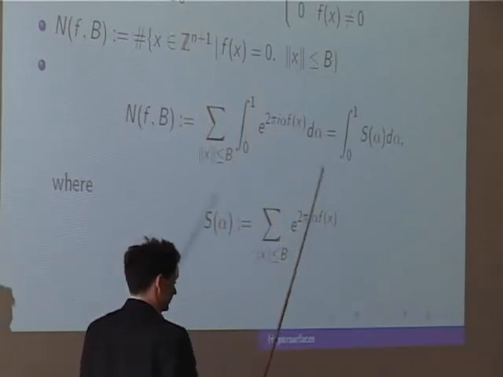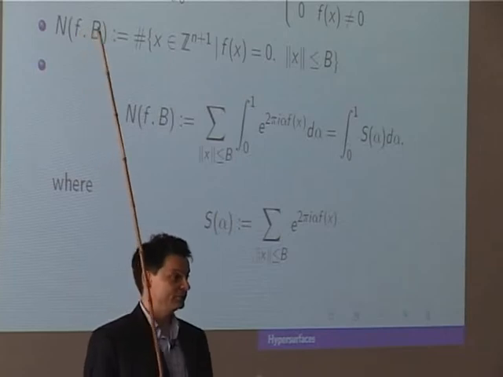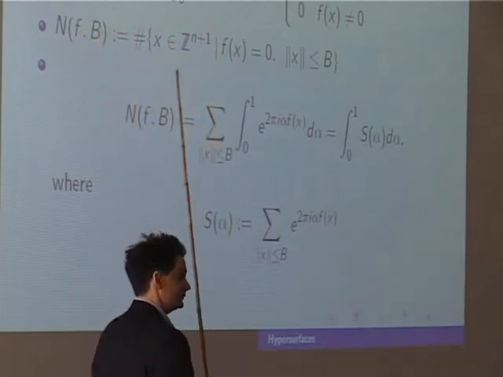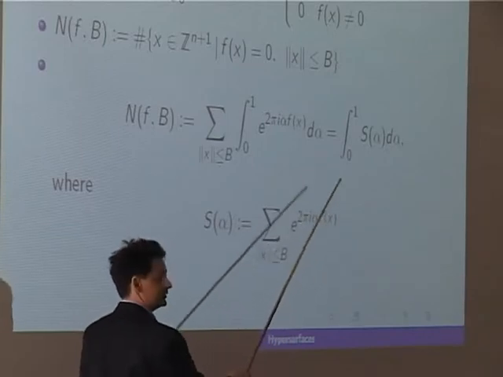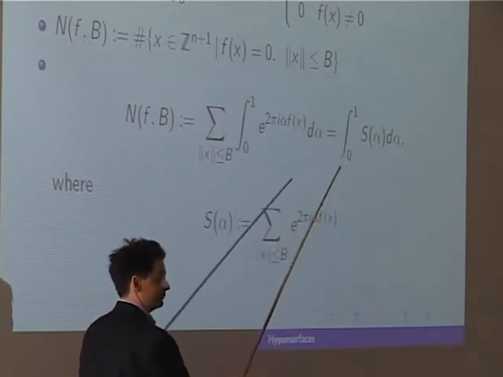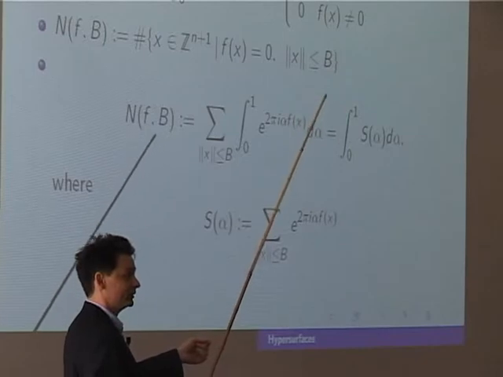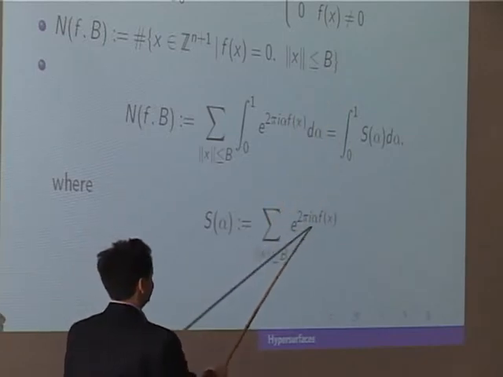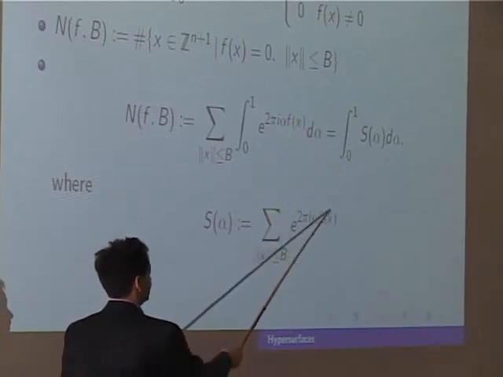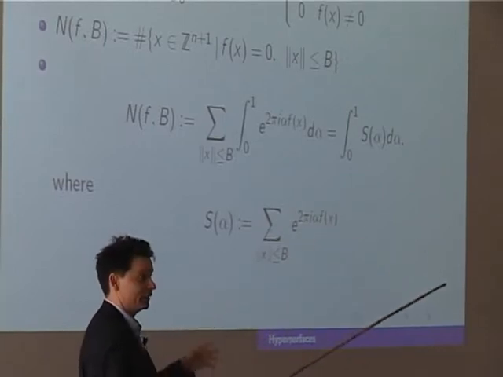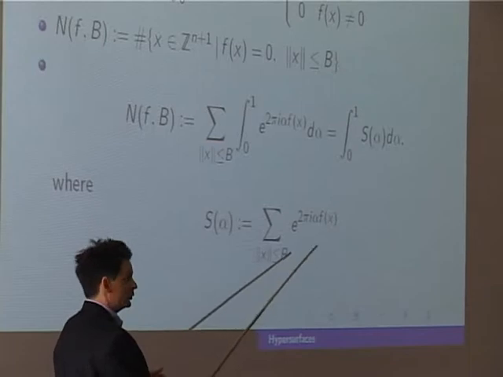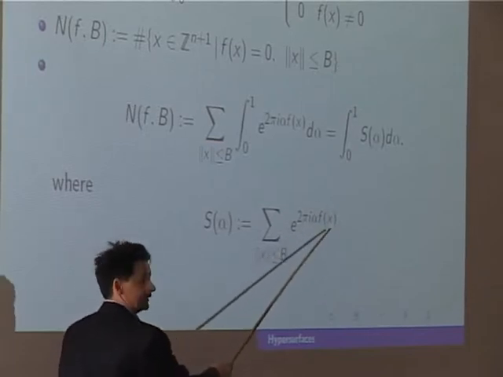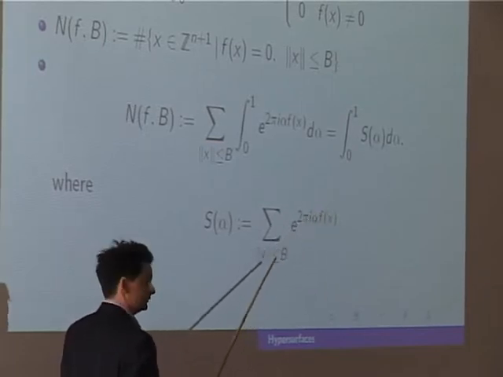When alpha is a rational number with a small denominator, say 2, 3, and so on, and f of x happens to be divisible by that number, then we get a contribution. But as the denominator grows, f of x would have to be divisible by a larger and larger number, but the x's are bounded. So it's not so easy to be divisible by large numbers when you are in this box.